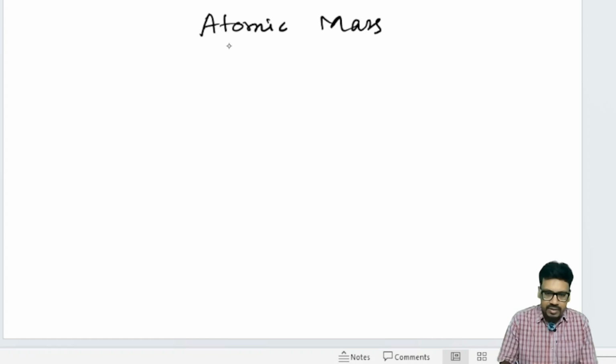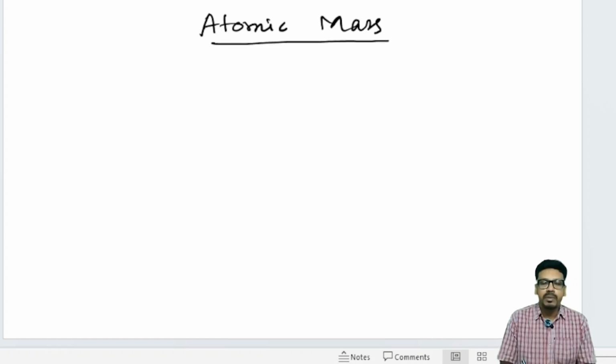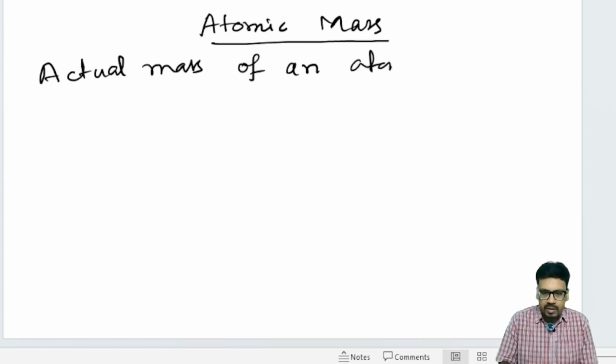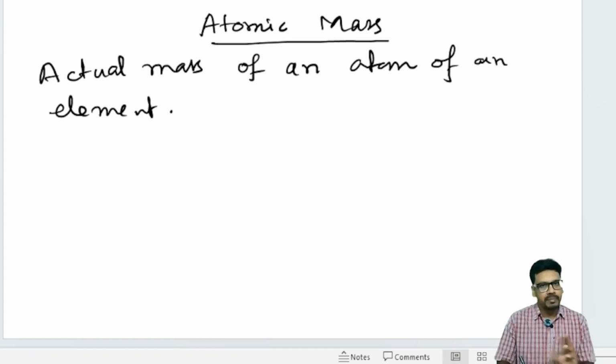Atomic mass. What is the atomic mass? This is the actual mass of an atom of an element. Clear?